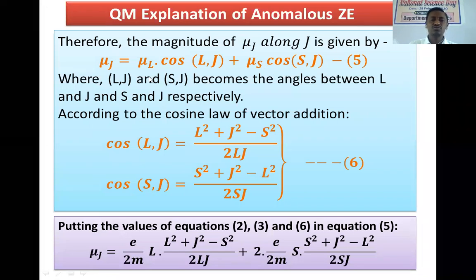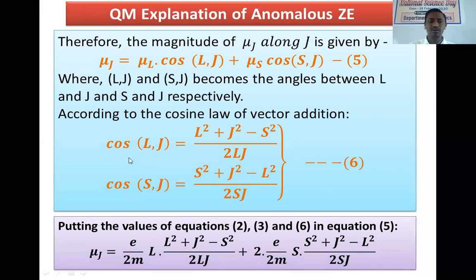Which equals mu L into cos of (L, J), where the bracket L comma J represents the angle between L and J, plus mu S into cos of (S, J), where the bracket represents the angle between vectors S and J. These are the angles made by vector L with vector J and by vector S with vector J. They can be calculated from the cosine law of vector addition.